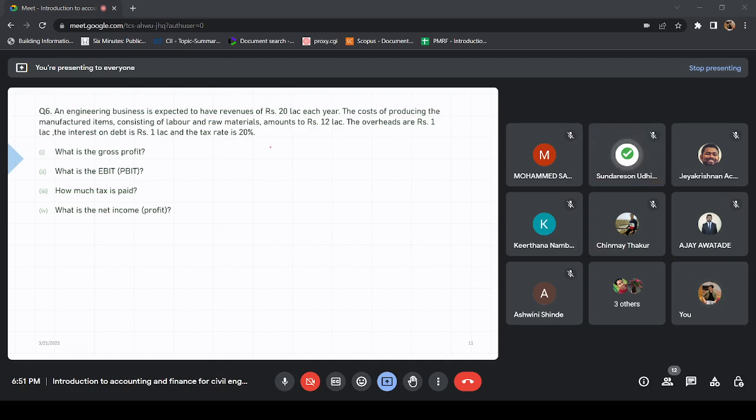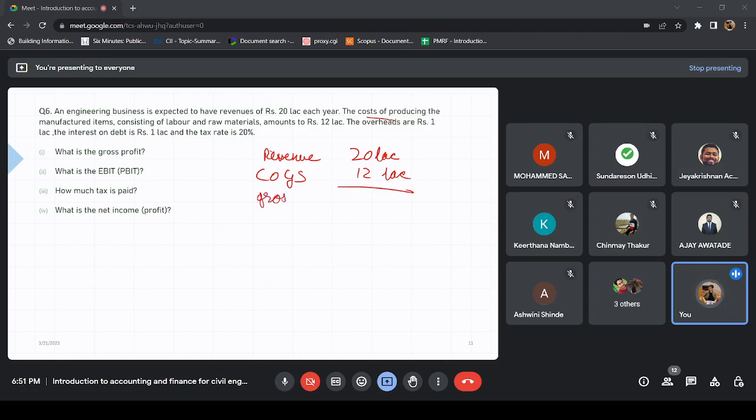What you have is a revenue of 20 lakh. Now the cost of producing the manufactured items is the cost of goods sold, 12 lakh.